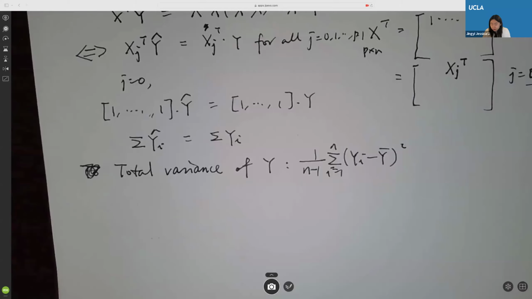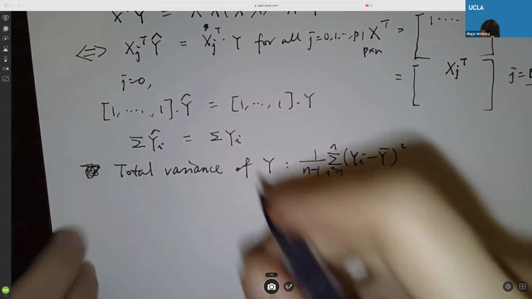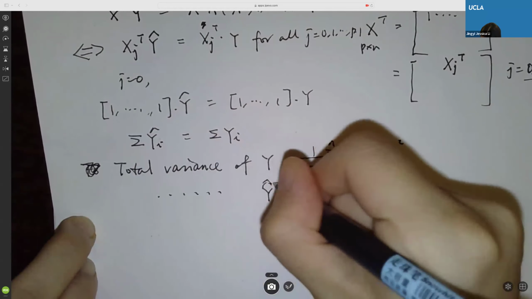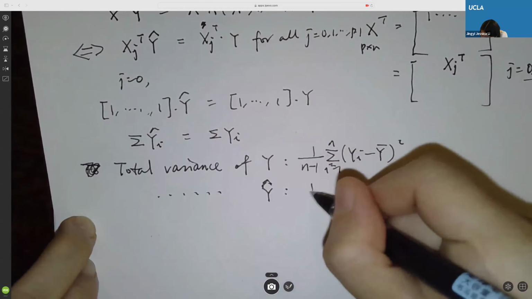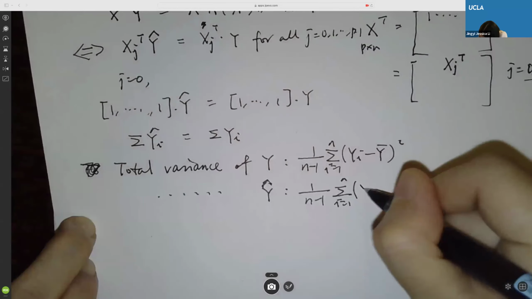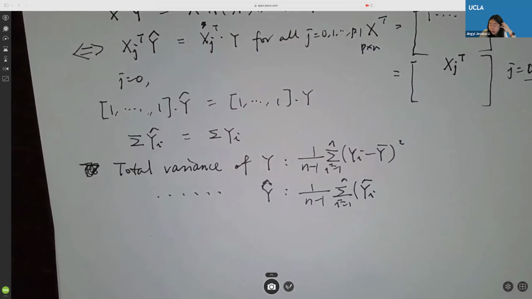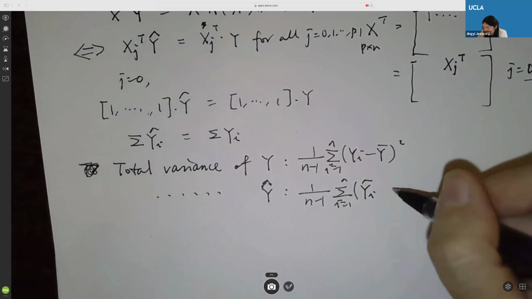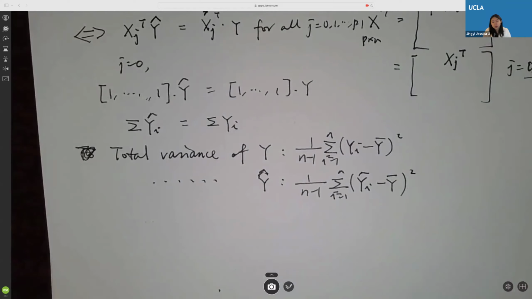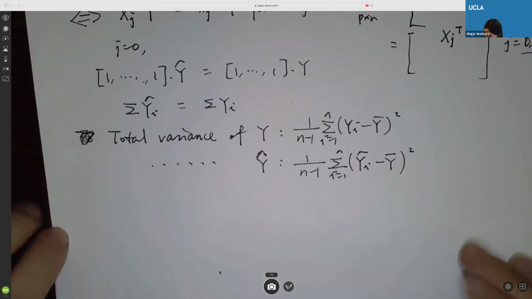And how about the variance in my y hat? Same formula. Y hat i, because it has the same average as y, I'll just write y bar here. Okay. So the ANOVA is about this.